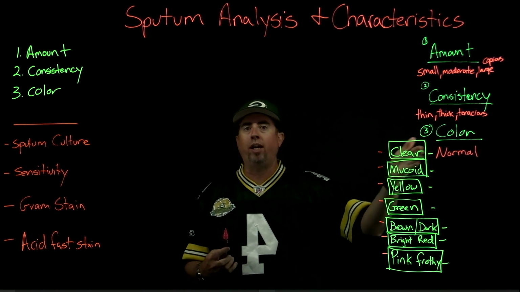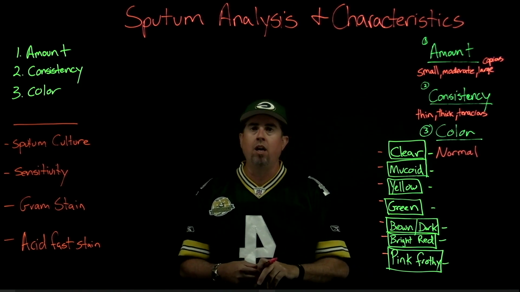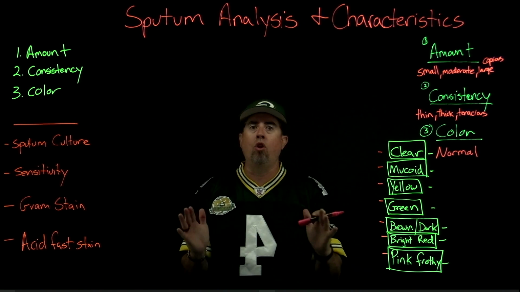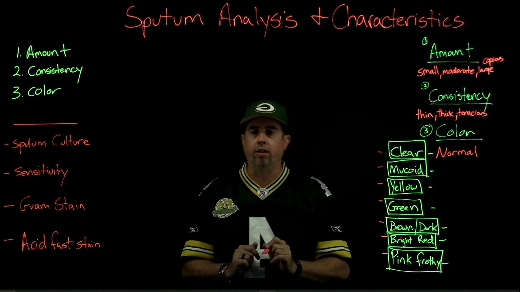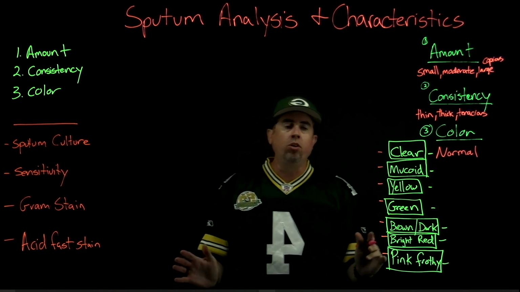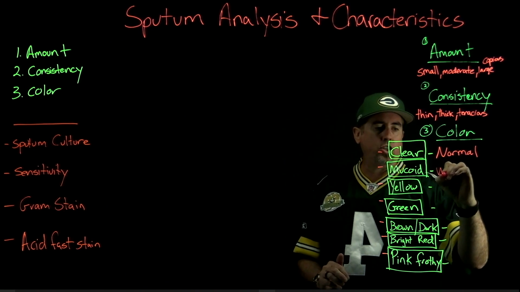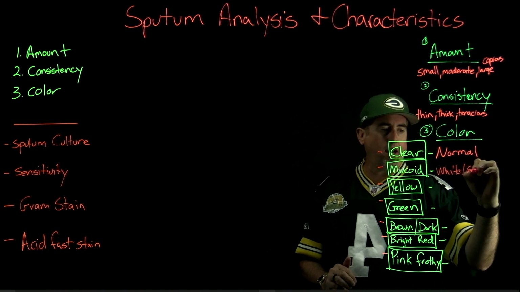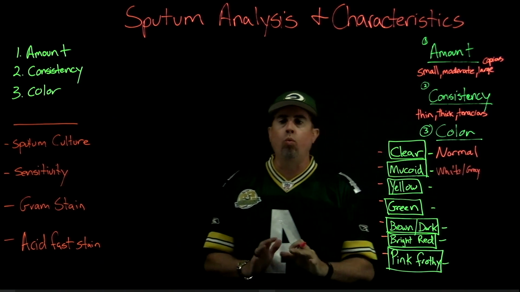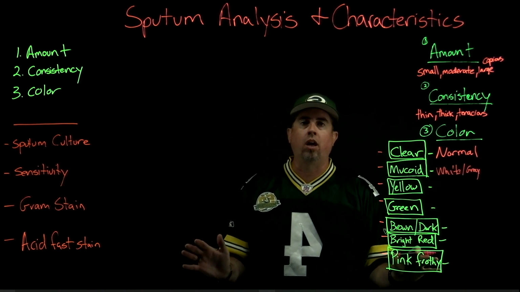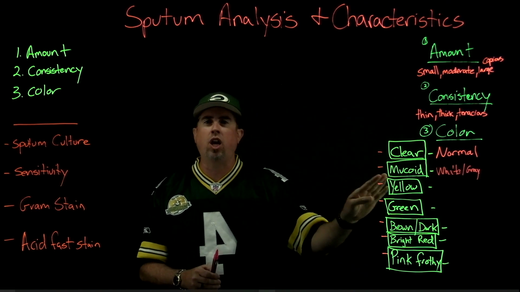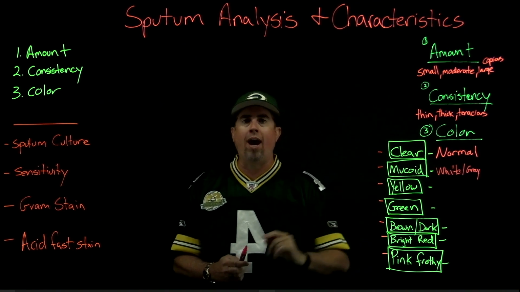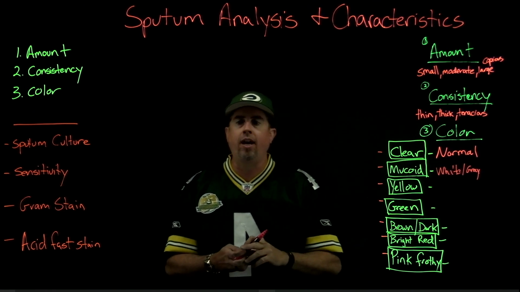But when we see clear, we're thinking normal. Normal for the color clear. Mucoid is next, and that is your white or your gray color. We're just talking about color right now. Normal for clear; this one's going to be white or gray.